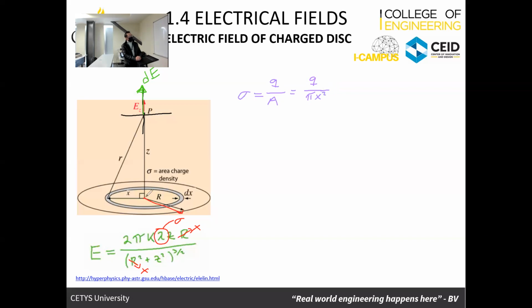It's this distance here. So I'm going to be going from 0 to the length of the ring, and if the length is x, the area that I'm going to be covering is pi times x squared.